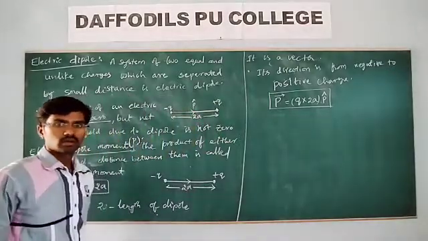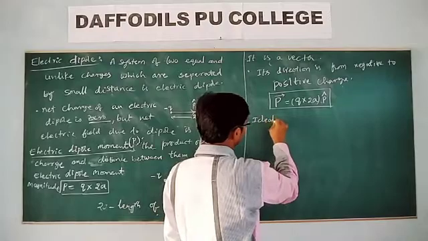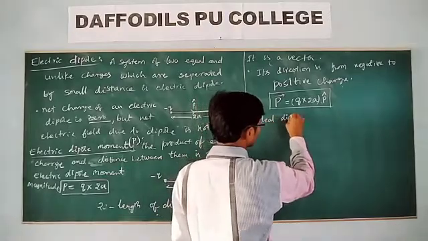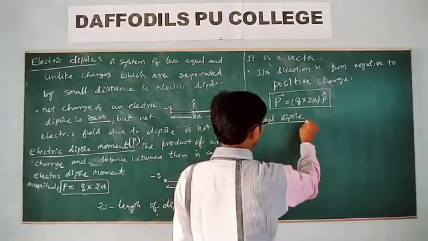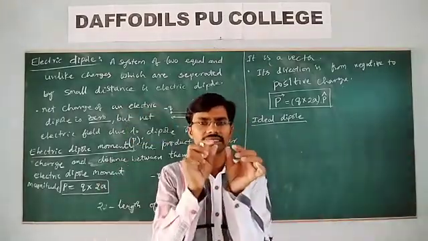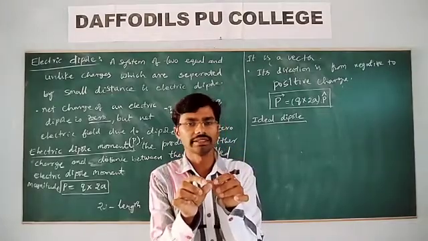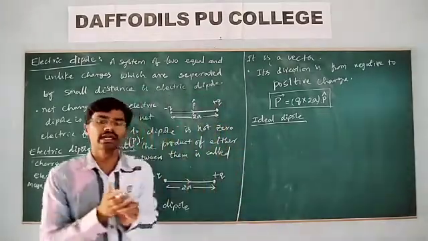Now what do you mean by the ideal dipole? Ideal dipole means if the charge separation between those two charges is very small, a point, then we say ideal dipole.